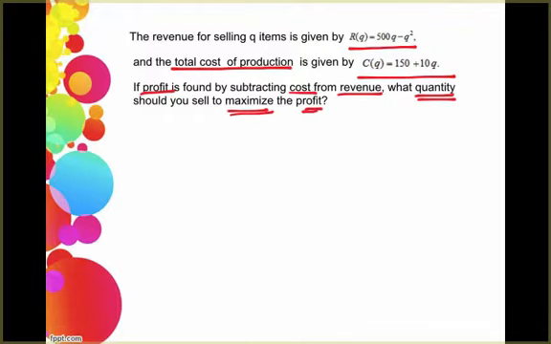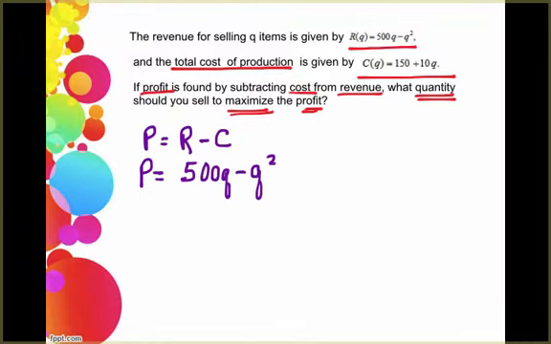So let's first of all come up with an equation for our profit. To get profit, you take revenue minus cost. They gave me an expression for revenue. It's 500Q minus Q squared. And then my cost equation was 150 plus 10Q.